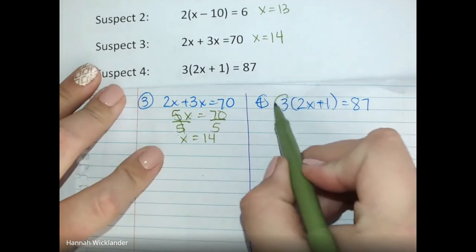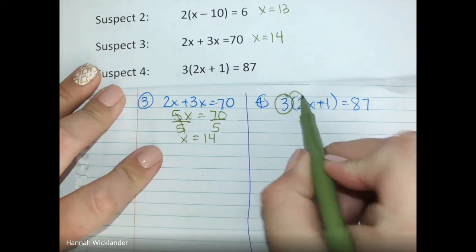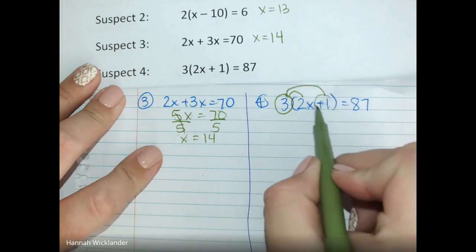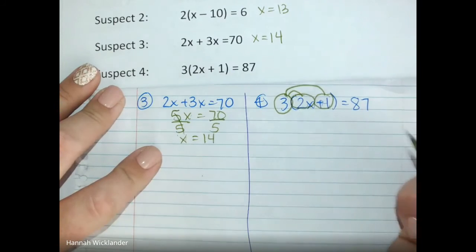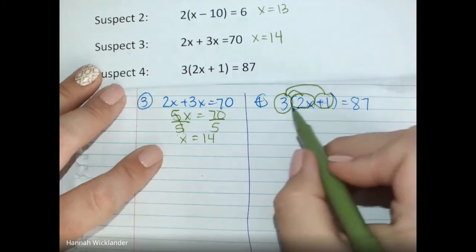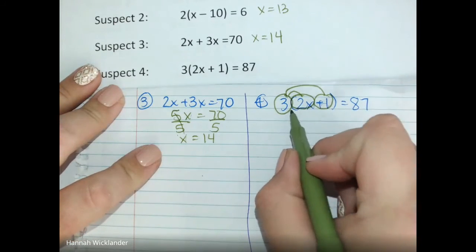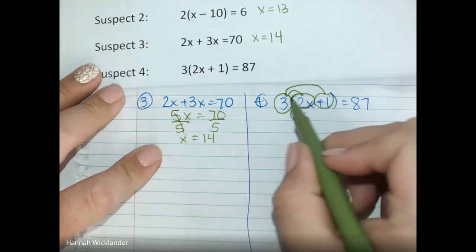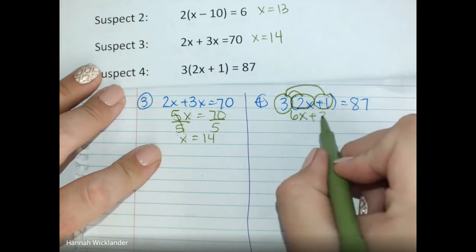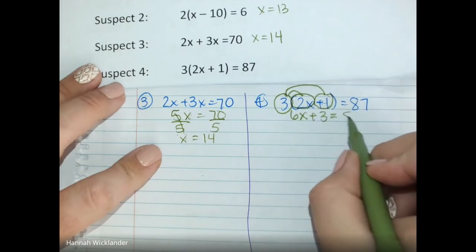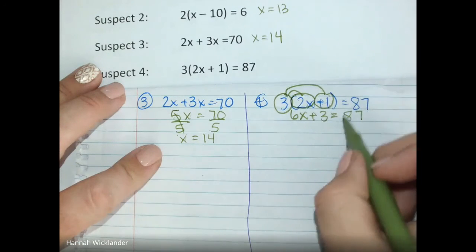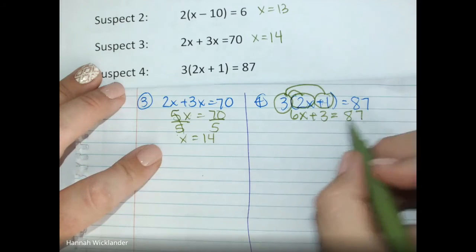Okay, so for number 4, I'm going to multiply everything in my parentheses by 3. So 3 times 2x gives me 6x. 3 times 1 gives me 3. And then I'm going to keep the 87.